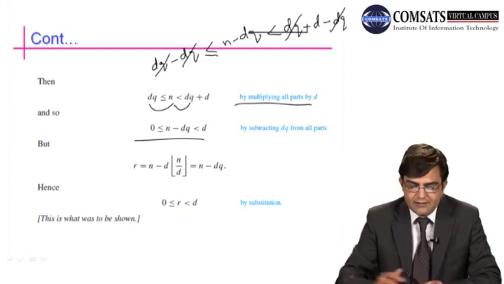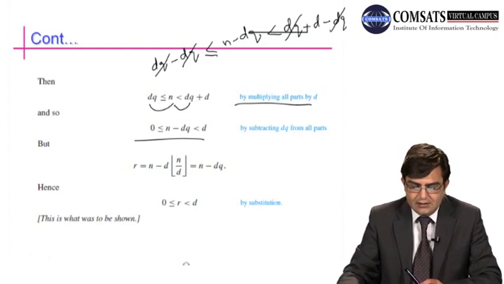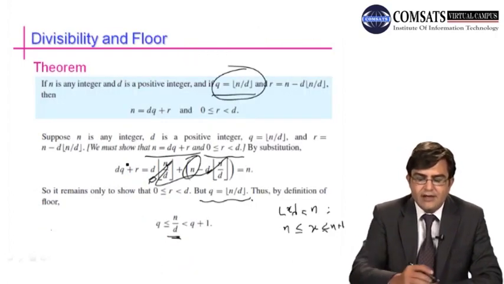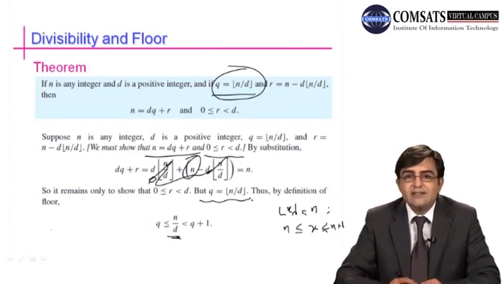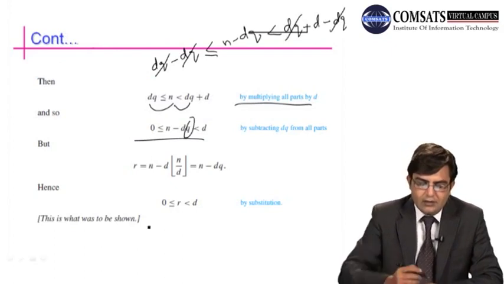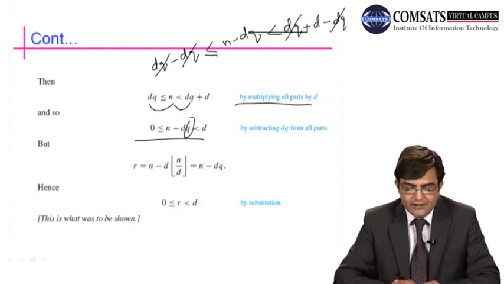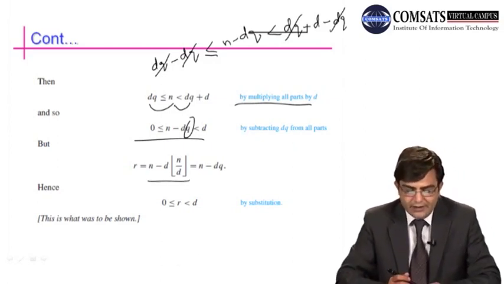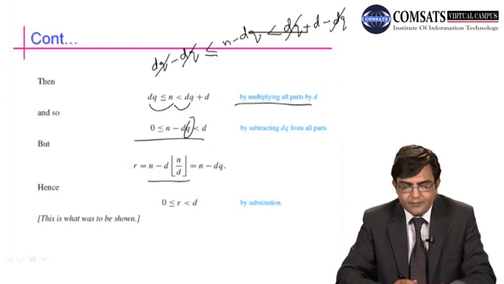Now as we have in the definition that q is the floor of n by d, so here instead of q we can write floor of n by d, and we know that n minus d into floor of n by d is equal to r.